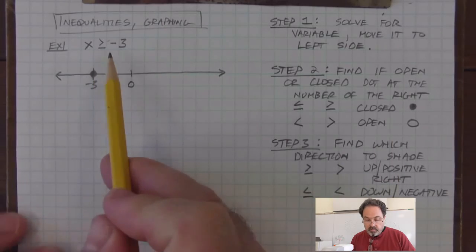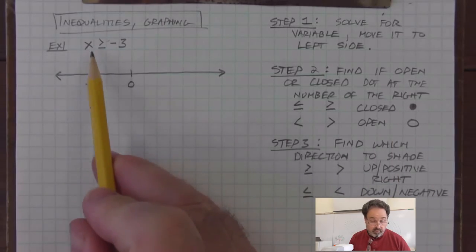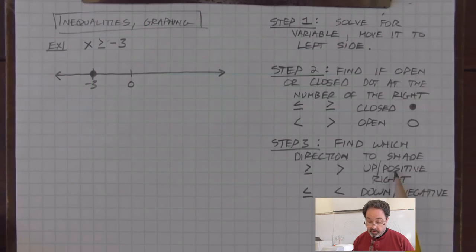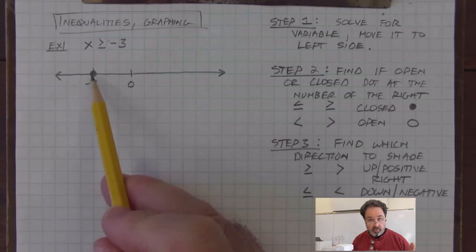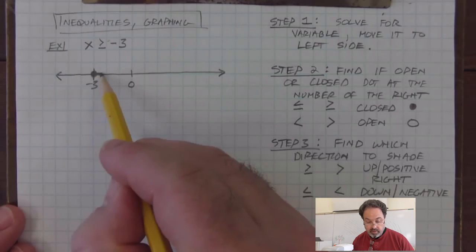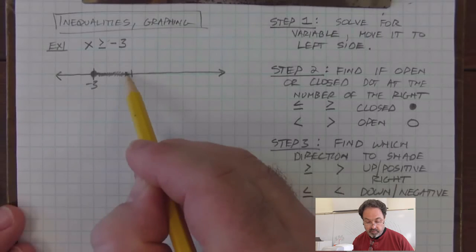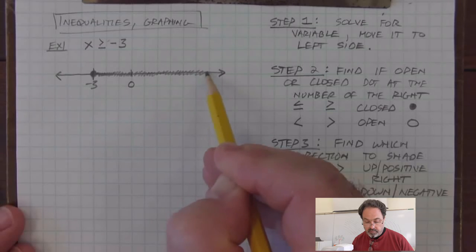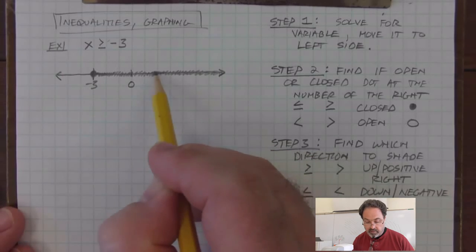Our inequality symbol is greater than or equal to. So we are going to shade up because x can be all the values above or greater than -3. And shading means that we are considering this part of the number line that we're shading to be part of the solution set.